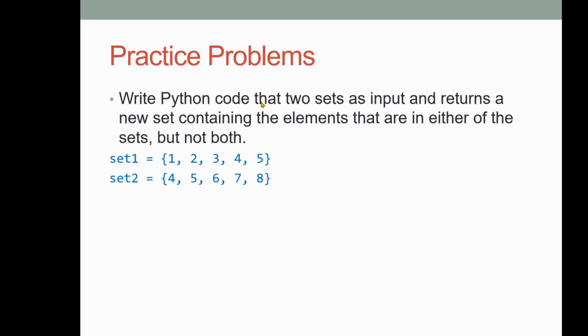Question number 2. Write Python code in which 2 sets are input and returns a set containing elements that are in one of them but not both. This is called symmetrical difference. It's again 1 line.